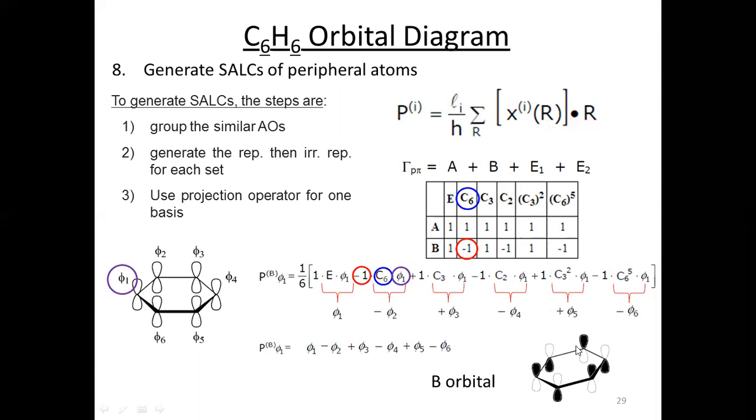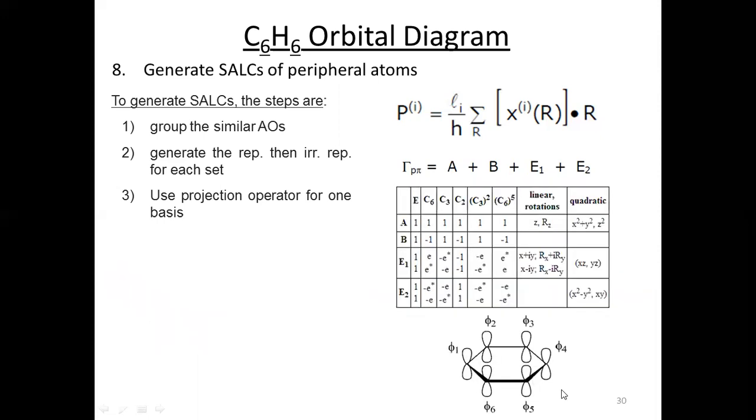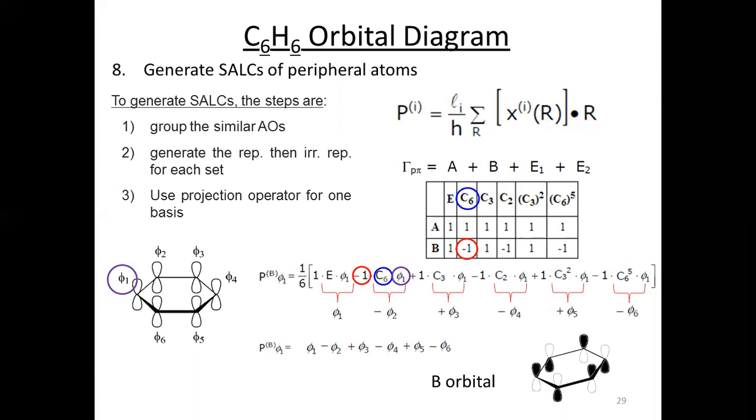Phi3 is positive, so positive at the upper side, negative at the lower side. Phi4 is negative, so again it will be reversed: the negative sign is at the upper side, positive at the lower side. Phi5 is positive, it is like this. And phi6 is negative, again the sign is reversed. In the same way, I have done the second symmetry adapted linear combination for the B orbital.